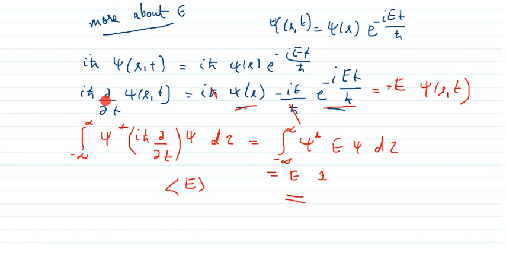So i h cut into dou by dou t of psi of r comma t, that is equal to, when you differentiate it with respect to time, we have only this exponential contains time part, so you have to differentiate it. So the constant coming out is minus iE by h cut into exponential of the function itself.